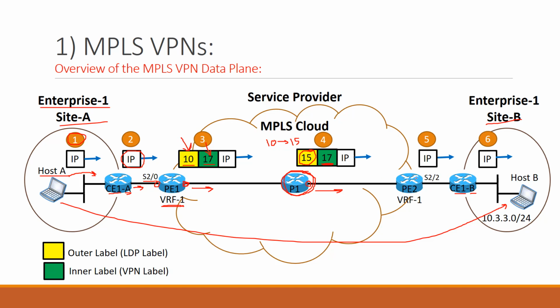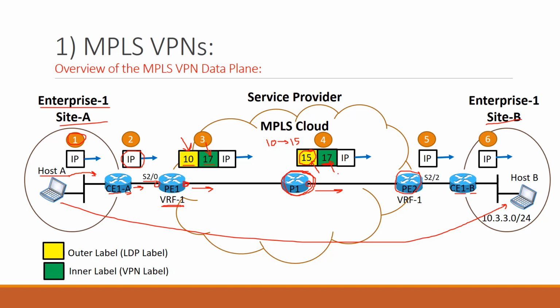Now PE2, provider edge 2, will receive a labeled packet with two labels. What it should do, at the moment, it will do two lookups, one for the outer label and one for the inner label, from its MPLS label forwarding information base.